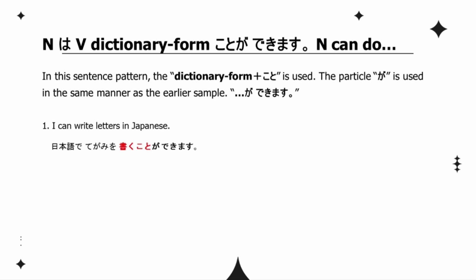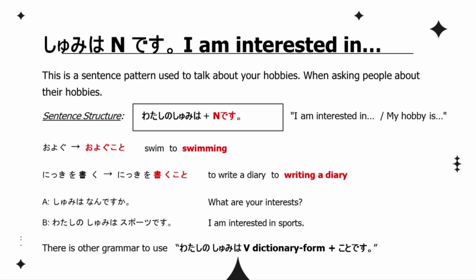2. How do you talk about hobbies in Japanese? 趣味はen desu? This is a sentence pattern used to talk about hobbies, and you would use it when asking people about their hobbies in Japanese. See some examples.